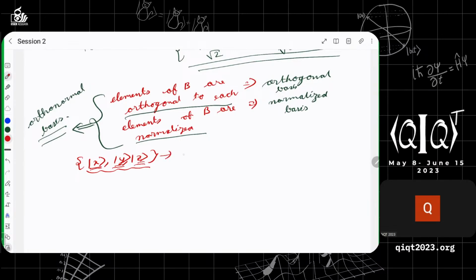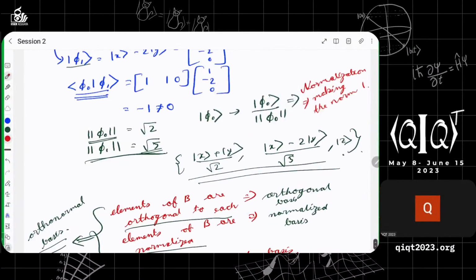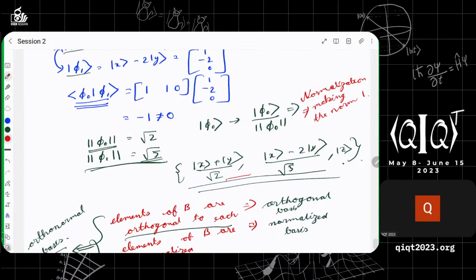So this is an orthonormal basis. And this basis, we normalized it, made the norm of every one 1. So this is a normalized basis, but it is not orthogonal.